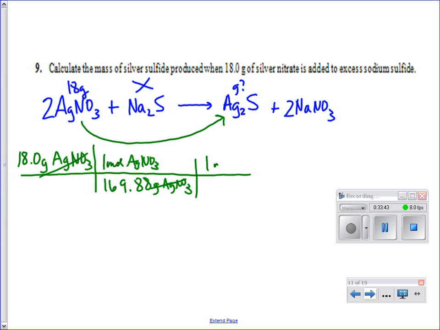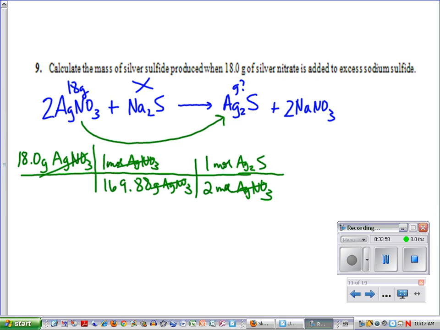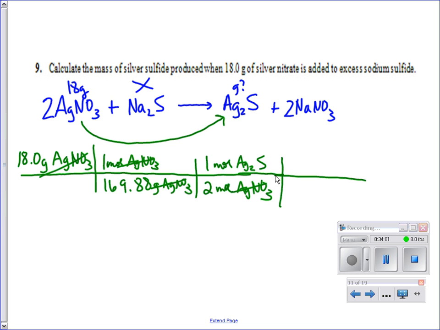For every 1 mole of silver sulfide, I have 2 moles of AgNO3. Those cancel. And then I'm looking for grams.